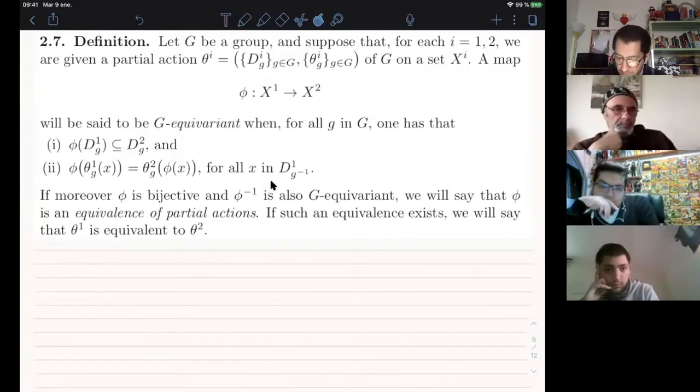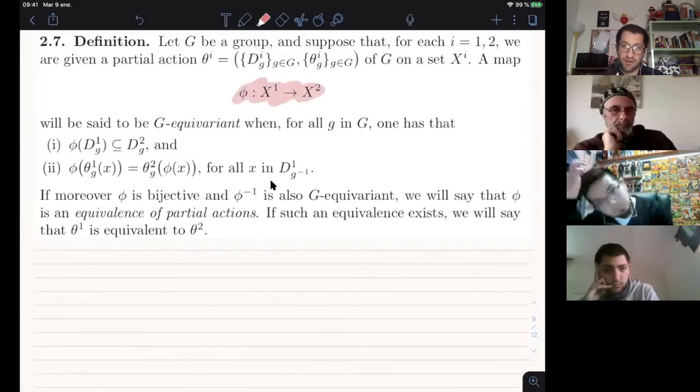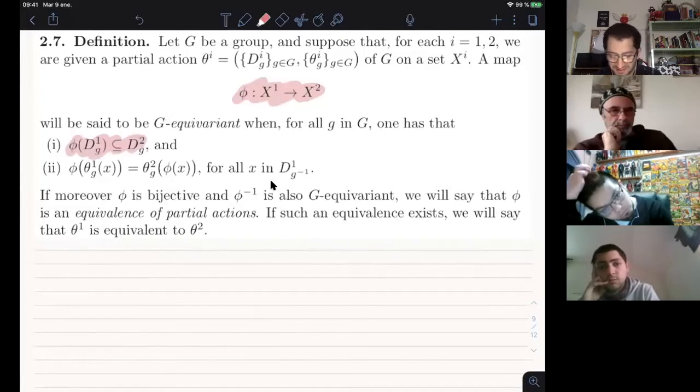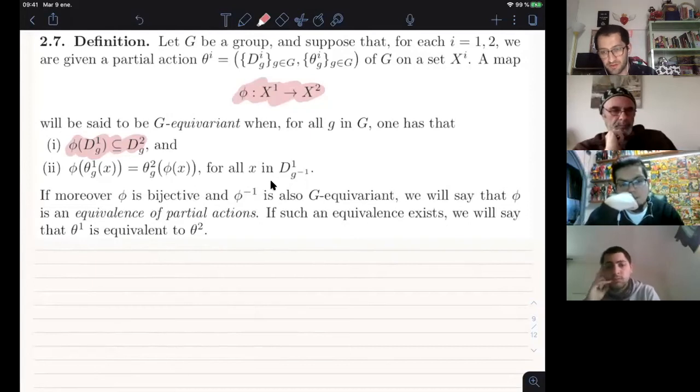So we have a map here, phi, and phi must respect the domains and image of every partial action. You have this, which is the containment, and the other thing is that it respects the image by the action.